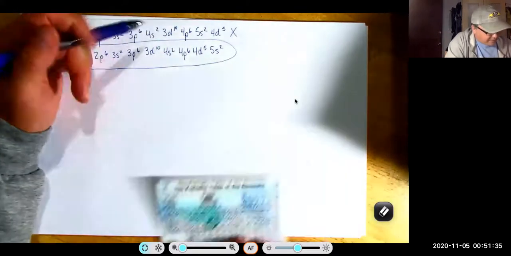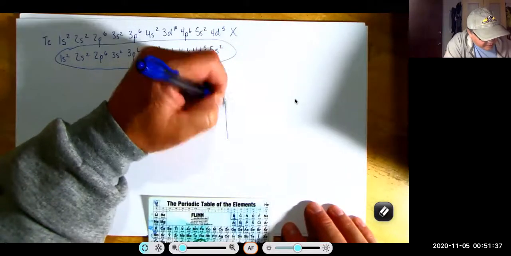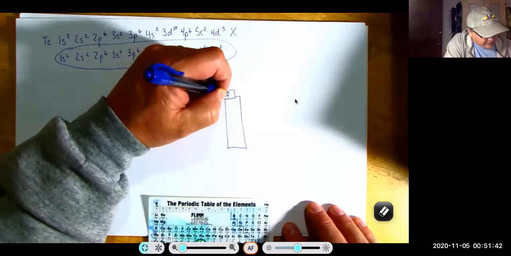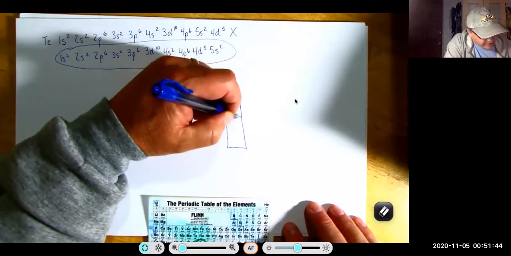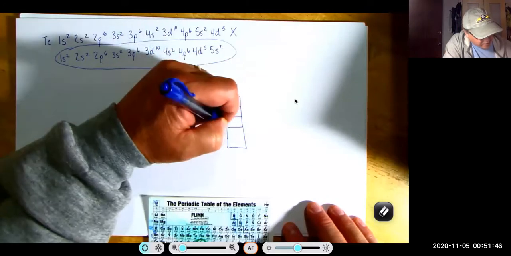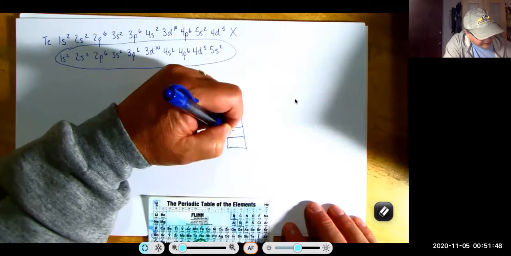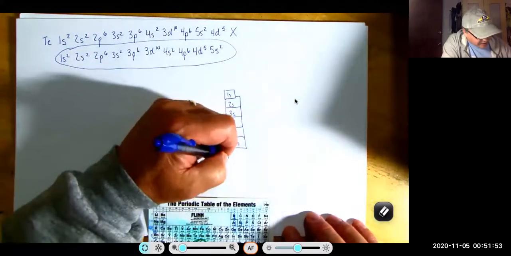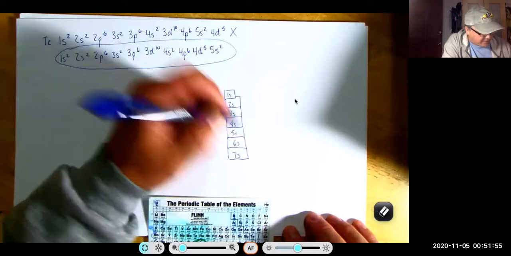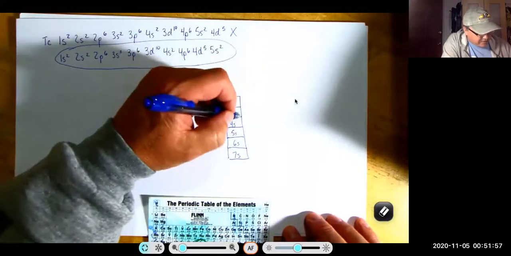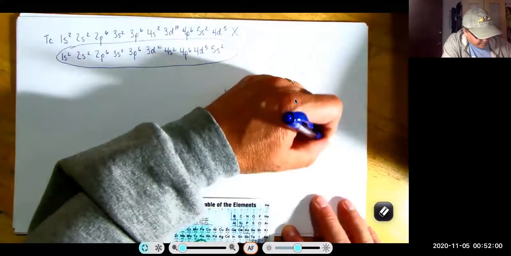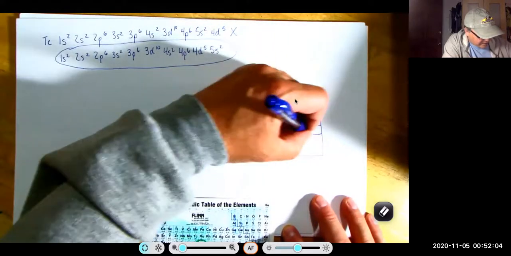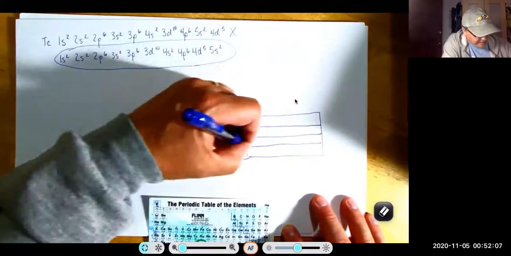So over here, I'm going to draw my periodic table. 1s, 2s, 3s, 4s, 5s, 6s, and I need to go to 7s. I think for osmium, I don't need 7s, but I'm going to go ahead and go there. And then here, I'm going to draw that.